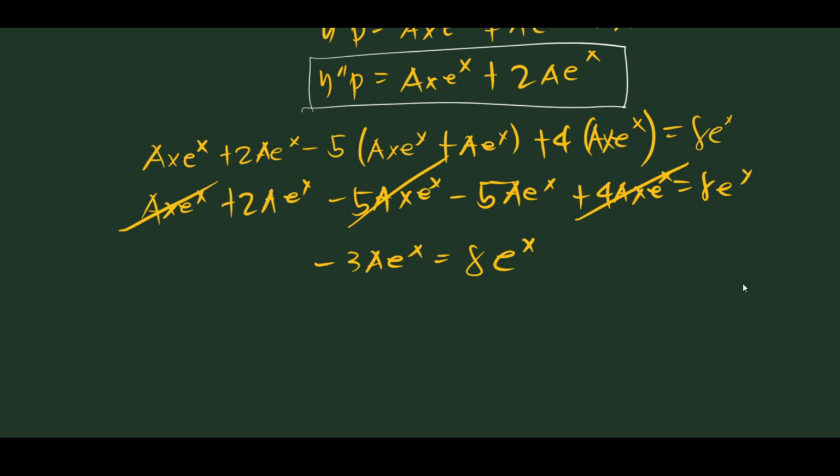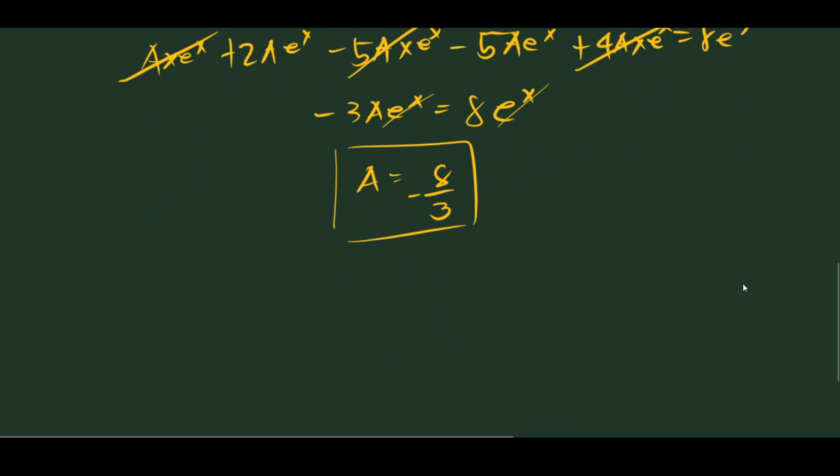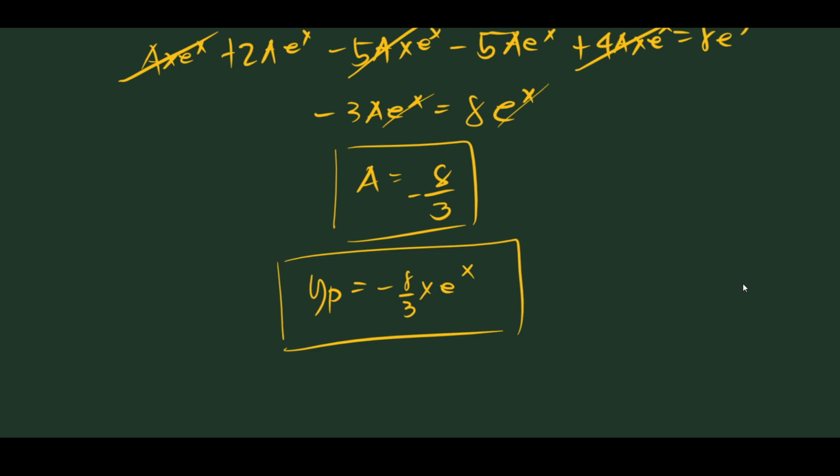You can cancel the e raised to x, and then you will get a is equal to negative 8 over 3. So we arrived at a, so our guess was correct. Our particular solution is therefore negative 8 over 3 x e raised to x.